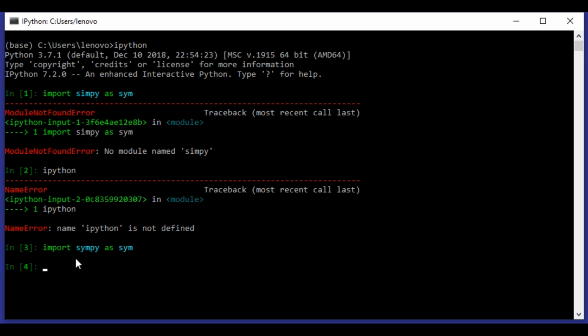We are using this SymPy package, imported as SYM. Then next is x equal to SYM dot symbol. Note that here the S is a capital letter. x equal to SYM dot symbol in brackets, x in single quotes.